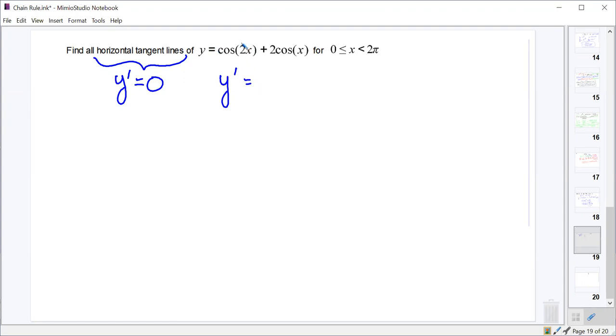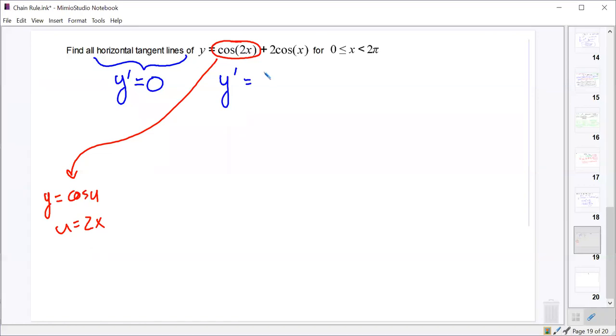How do we take the derivative of cosine 2x? Chain rule. So our function, we'll just say y equals cosine u with u equal to 2x. And hopefully you're getting to the point where you can do these real quickly, maybe without writing it out. But what is the derivative of cosine u?